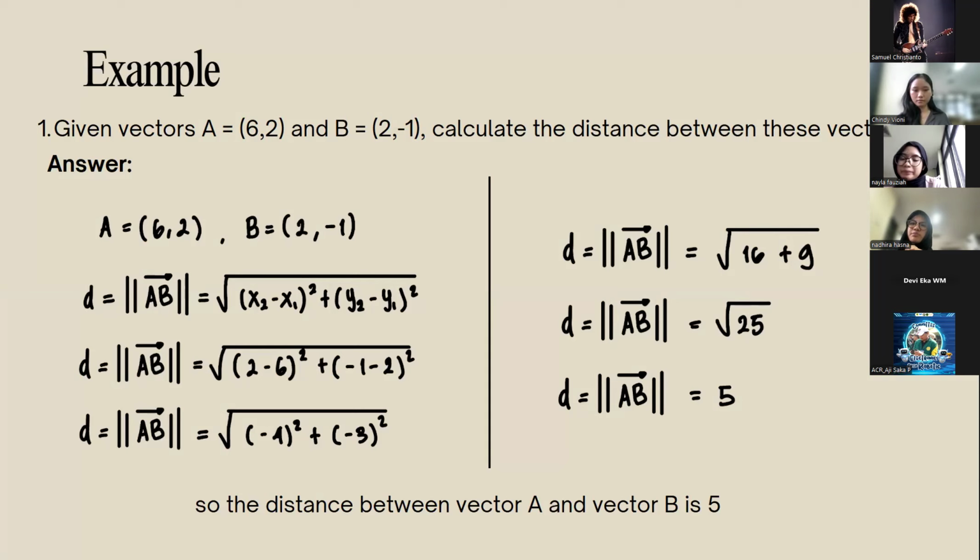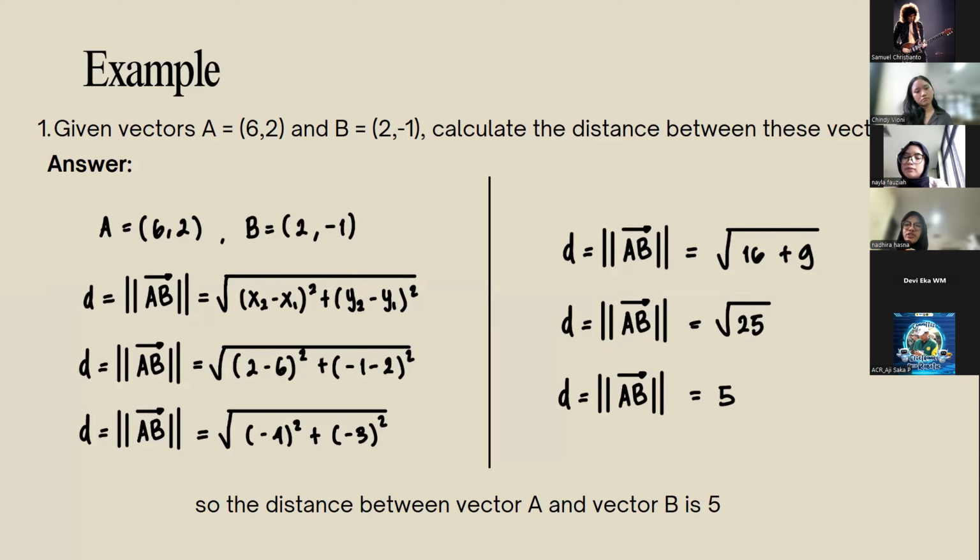There is an example here. Number 1, given vector A (6, 2) and vector B (2, -1), calculate the distance between these vectors. The answer, as we know from the previous slide, uses the formula.